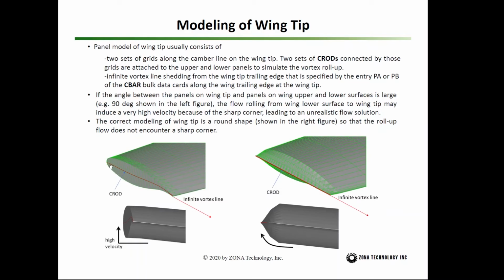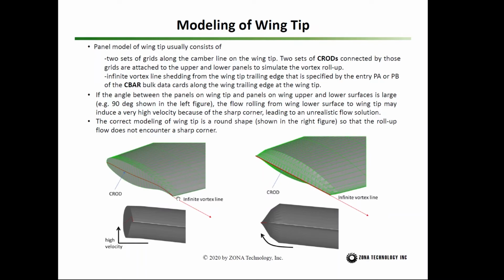Then you place two sets of C rods, one attached to the upper panel, one attached to the lower panel. So you have two sets of grid lines here. Then you place one set of C rods around the upper grid, and another set along the lower grid. And also you have to define an infinite line vortex.